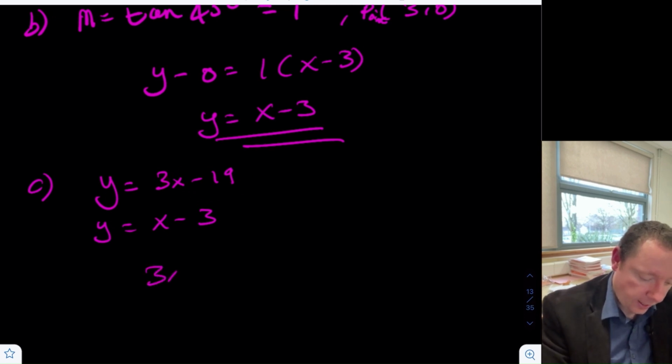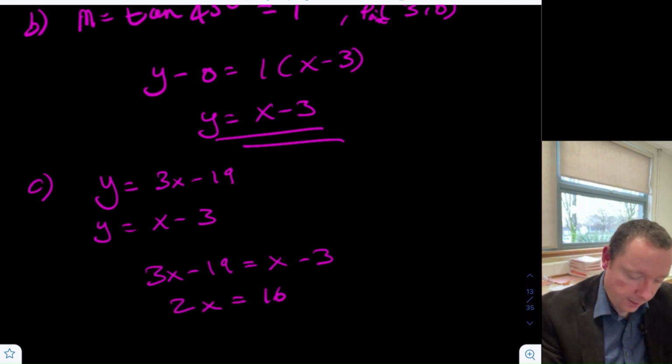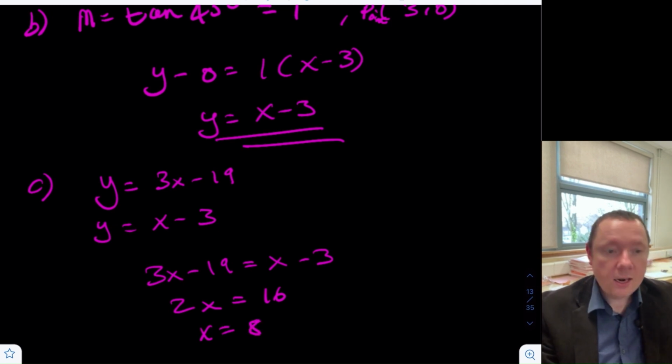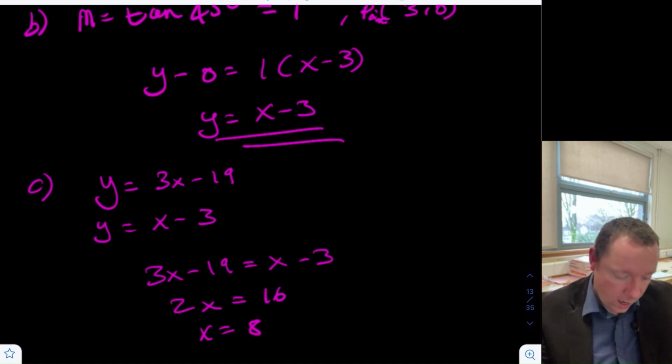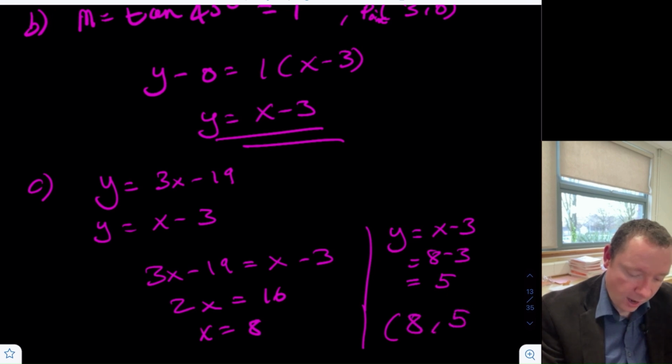So we get 3x minus 19 equals x minus 3. So 2x equals 19 take away 3, which is 16. x is equal to 8. Then sub it in to get y. We know that y equals x minus 3, which is 8 minus 3, which is 5. The coordinates of the point of intersection are (8, 5).